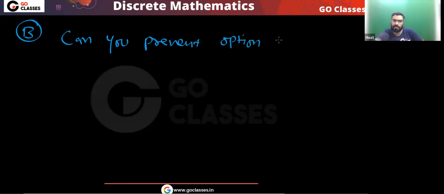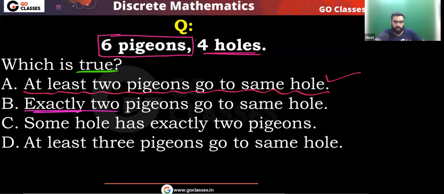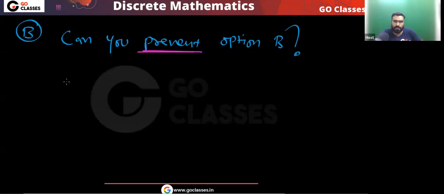Can you prevent option B? Option B is saying exactly 2, which means not more than 2, not less than 2. It says there is some hole with exactly 2 pigeons. Can you stop it? Of course I can stop it.